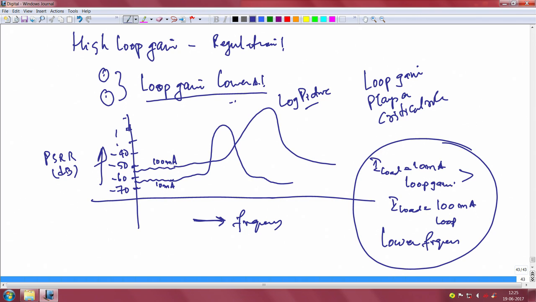But if the load current increases, then you have the problem that the LDO's loop gain actually gets lower, and as a result its ability to filter the input ripple is also poor, and the cause for all this is indeed, as I said, the fact that the loop gain takes a beating, particularly as you move higher in frequencies and higher in I load. When I say I load, I mean output current increases.